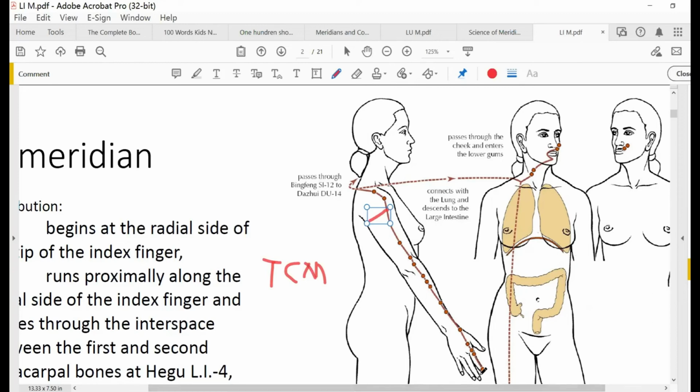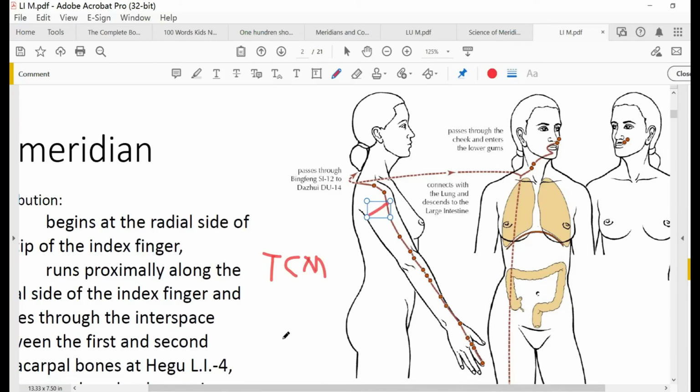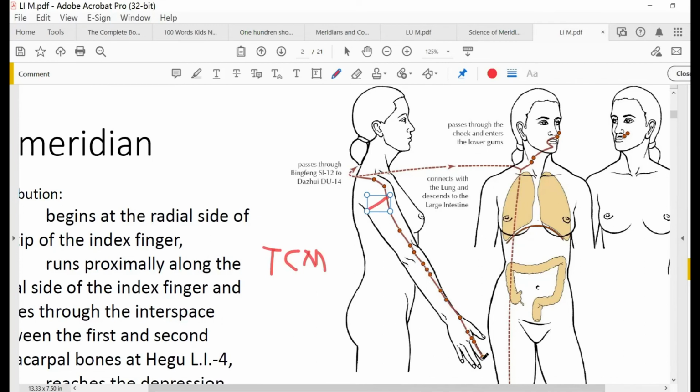Okay, so on the yang part, are there any other organ meridians? Large intestine, that's one. Which one is in the middle? Which one is posterior?